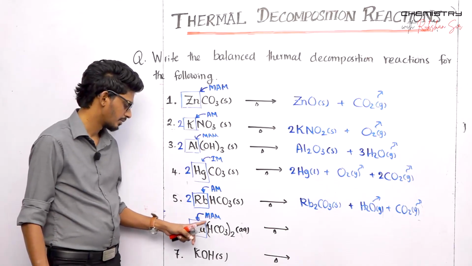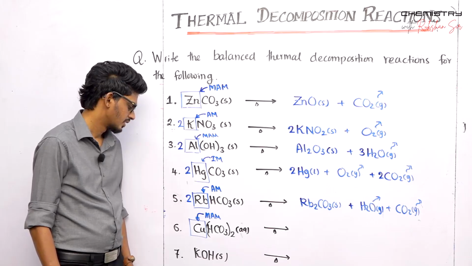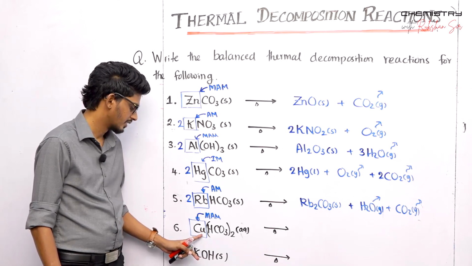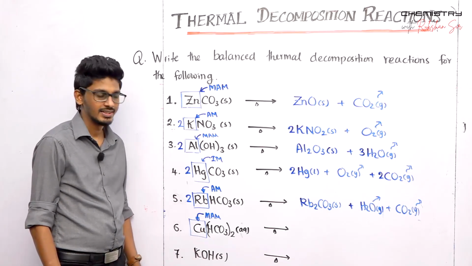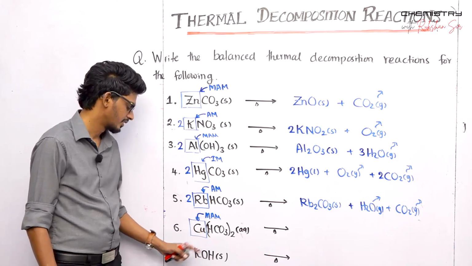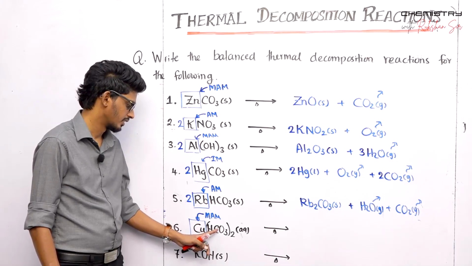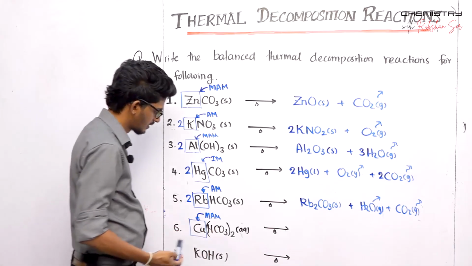Moderately active metal bicarbonates, that is kind of a VIP situation. So metal oxide is not what you will get. It is the metal carbonate, the hydrogen oxide H2O, and the carbon oxide CO2, right?